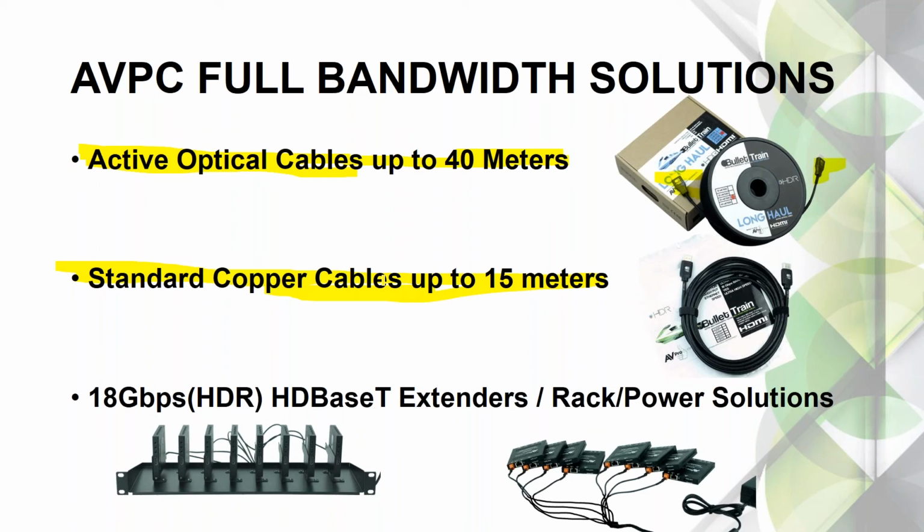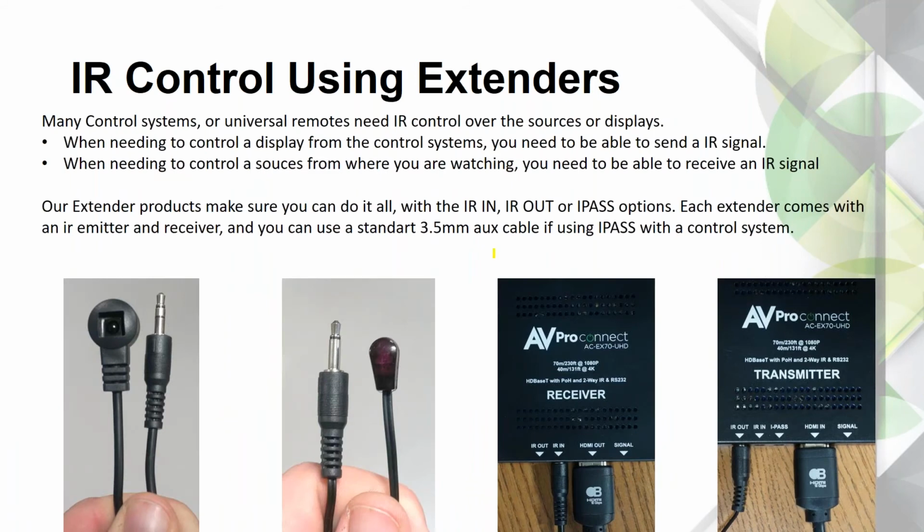Touch a little bit on the extender zones. If we want, on the extender zones, we can use IR. All of our extenders, no matter what, come with the buds for receiving and for flashing a system.